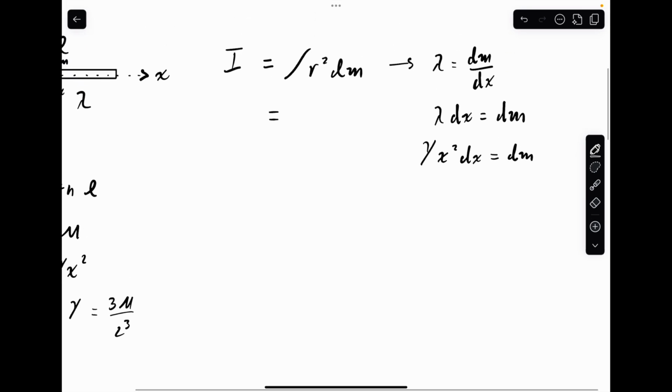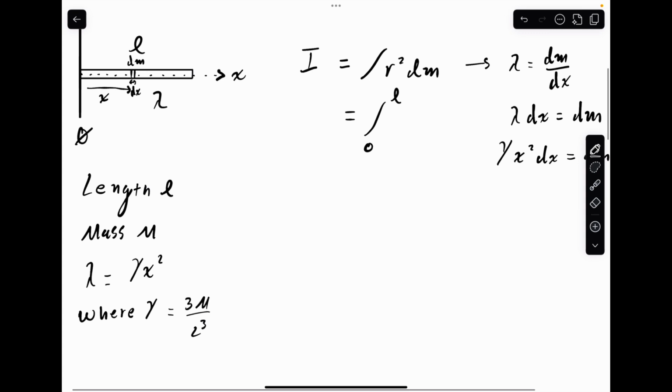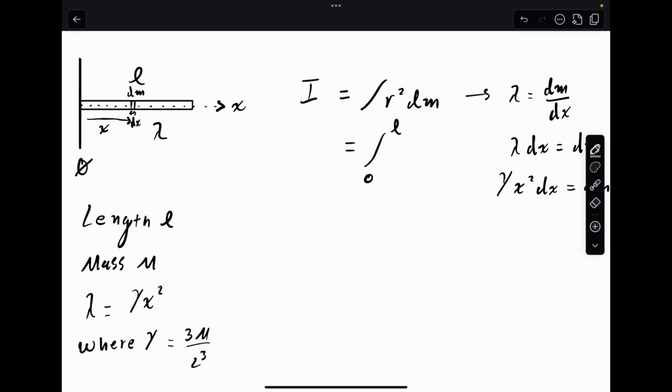Now we're going to transform this integral. Our integration bounds have to be from 0 to L, because we only want to sum up all the little dm's that are r distance away from the origin, from 0 to the length of the rod. Otherwise, we'd be imagining some other rotational inertia, which we don't need.